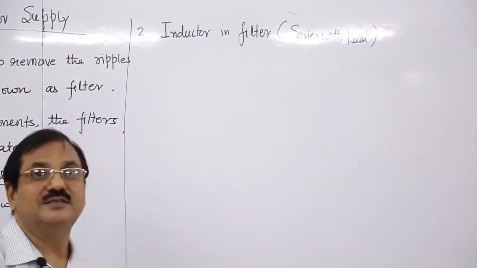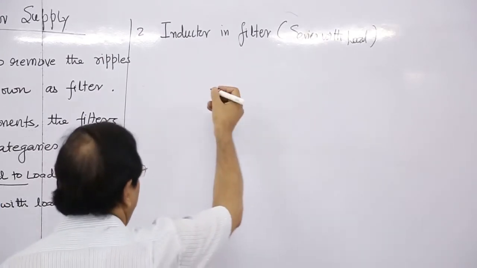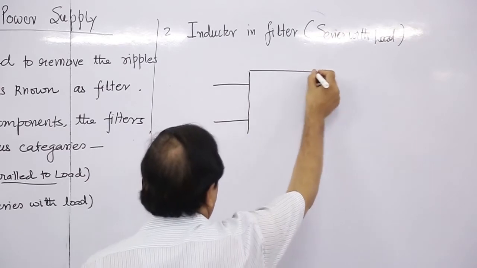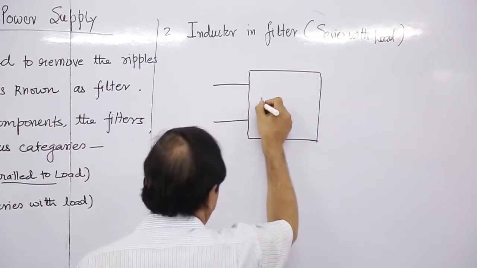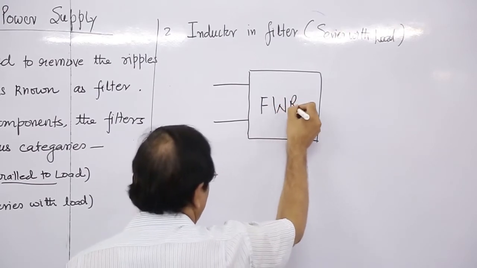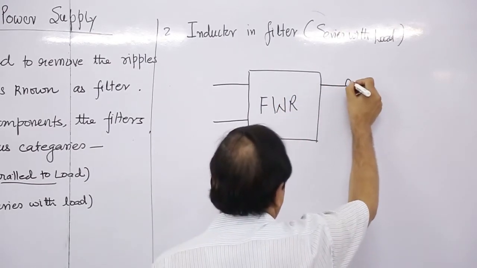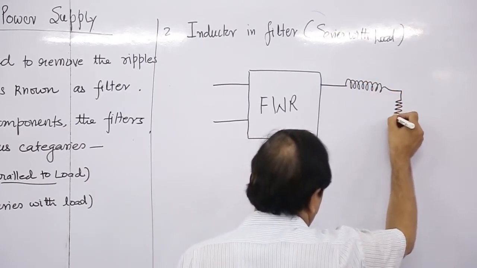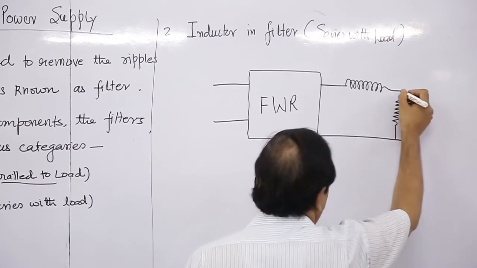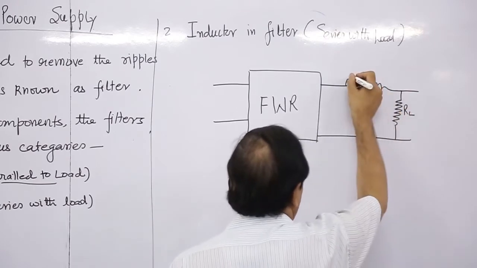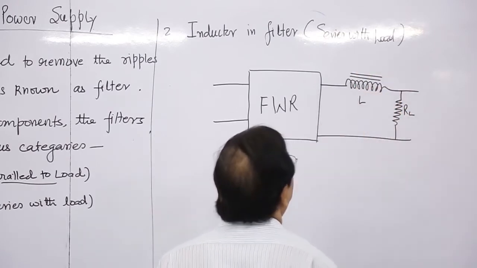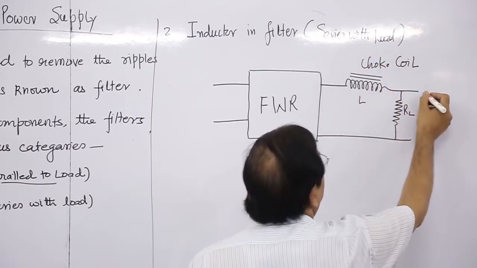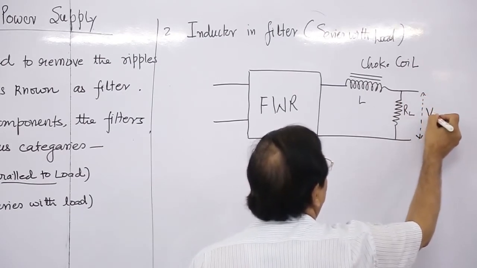Taking the block diagram of the rectifier, the block diagram is something like this: the full wave rectifier, and this is the inductor, then this is the resistance R_L and this is L. Here it is known as a choke coil, and here this is V_O, the output.